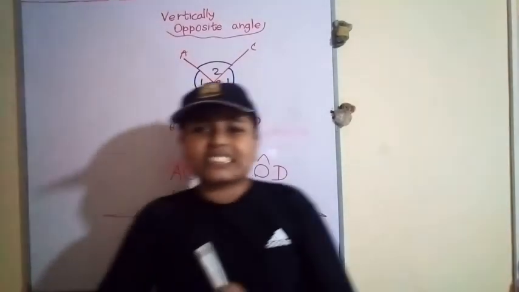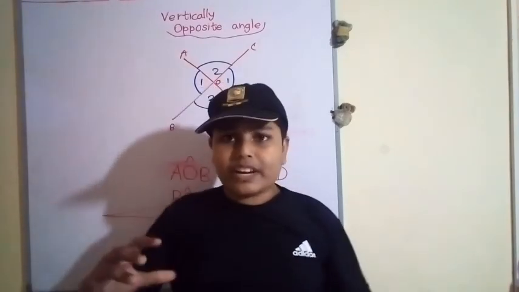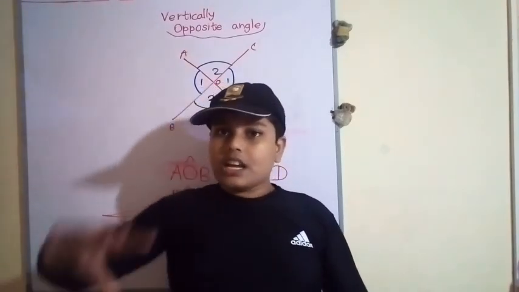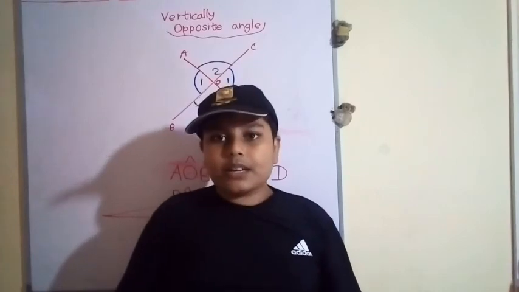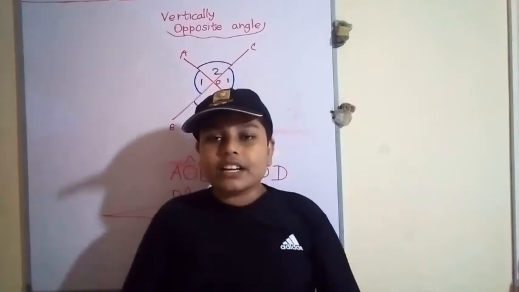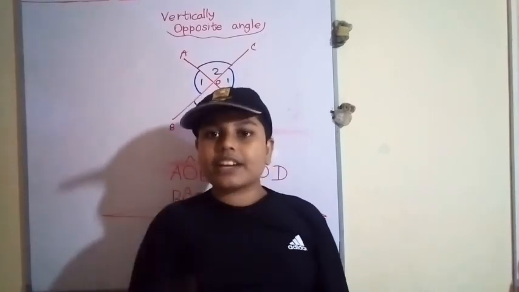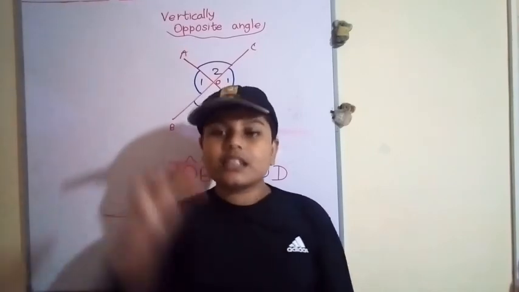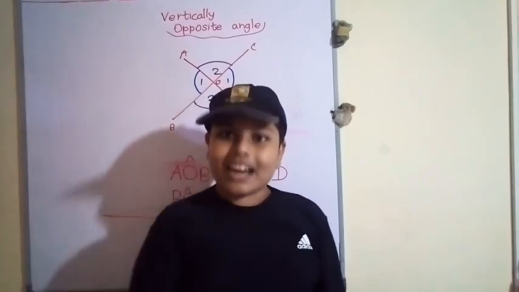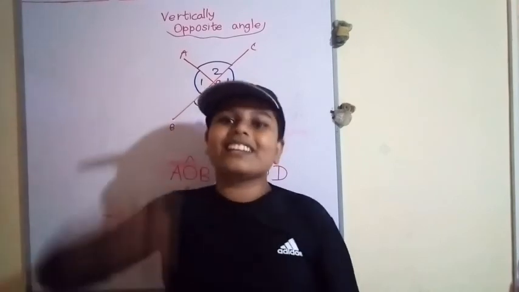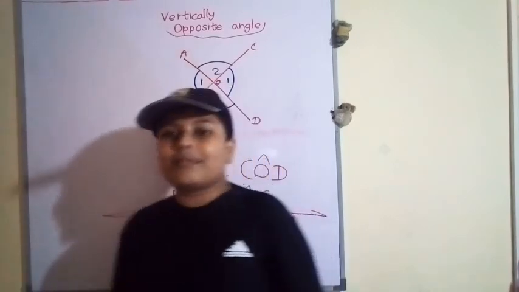Now, if two intersecting pairs are vertical to each other, they are equal to each other. They have the same magnitude, the same angle, all together they are named a pair of vertically opposite angles, right?